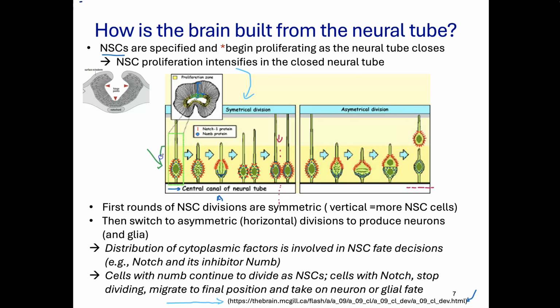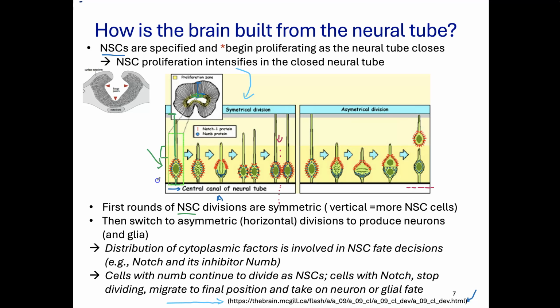So there's a few things to note. You've got a bunch of these neural stem cells, and what you can't see very well from this picture is that there's the cell body, which contains the nucleus, but there's this long process, and there's a connection to the most basal side and to the apical side.